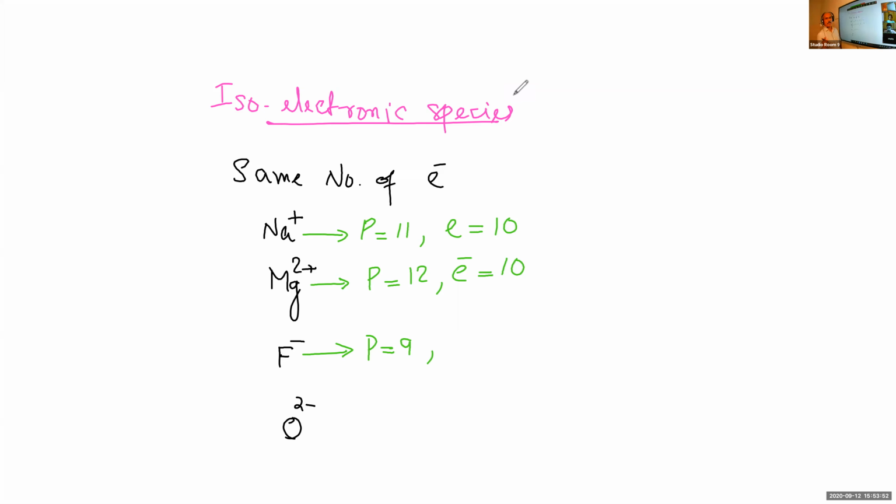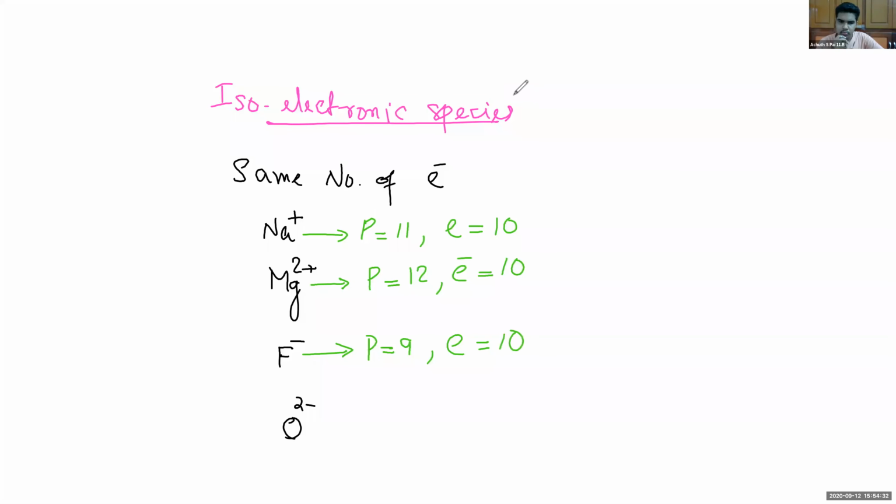But this is fluoride ion, F-, with a -1 charge. If there is a -1 charge, 1 electron is added; -2, 2 electrons added; -3, 3 electrons added. So 1 extra electron is added to the fluorine atom, and the total number of electrons will be 10.